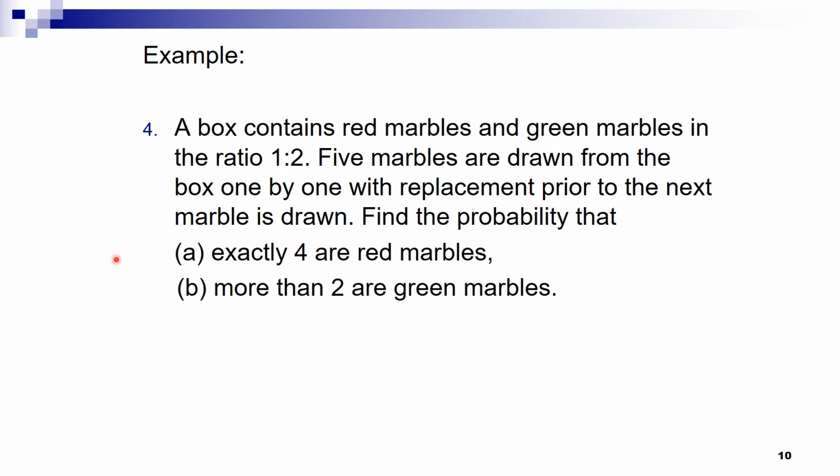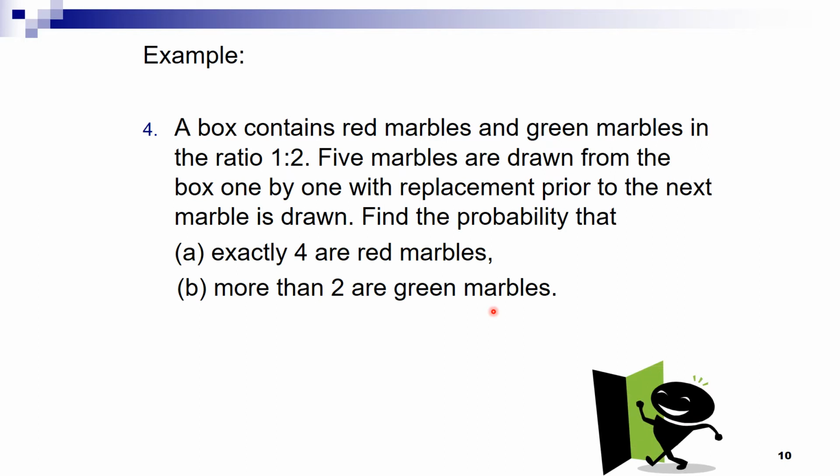Okay, so this is a good example whereby the first part of the question is stating red marbles, the second part is green marbles. So how are you going to define your discrete random variables? Okay, let's look at the solution.